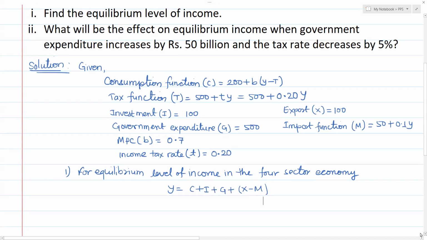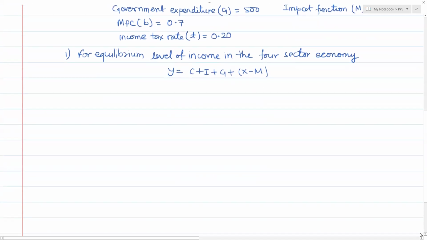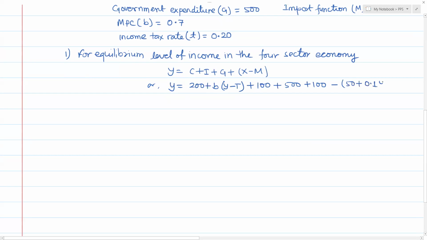Y is equal to C, which is given as 200 plus b(y minus t) in the question, plus investment given as 100, and the government expenditure is given as 500, and export is given as 100, minus import, which is 50 plus 0.1y, the import function.